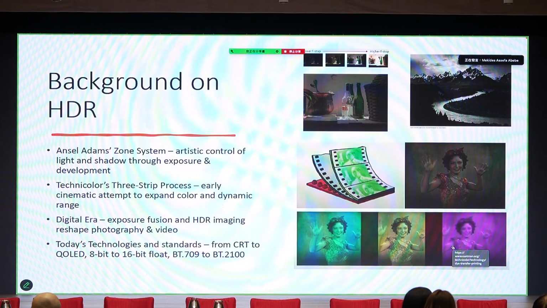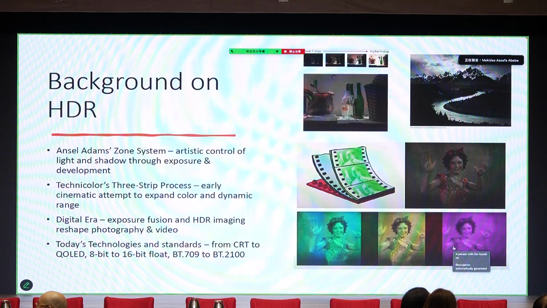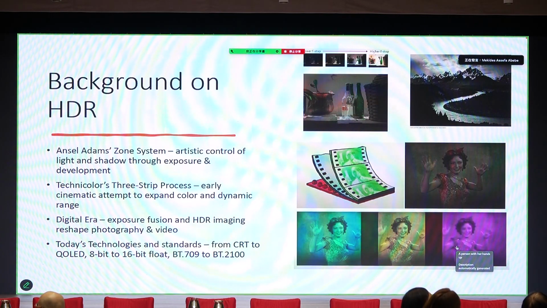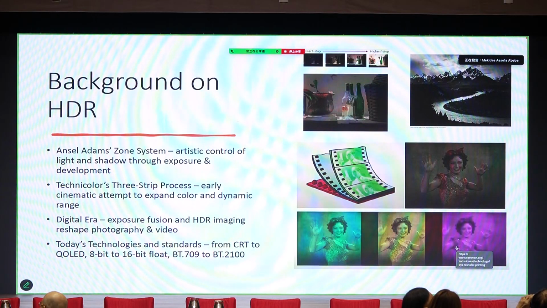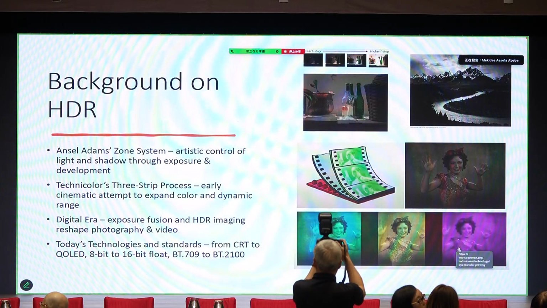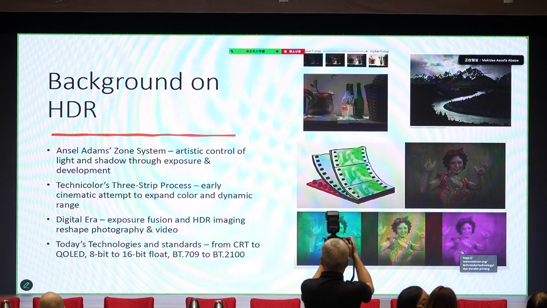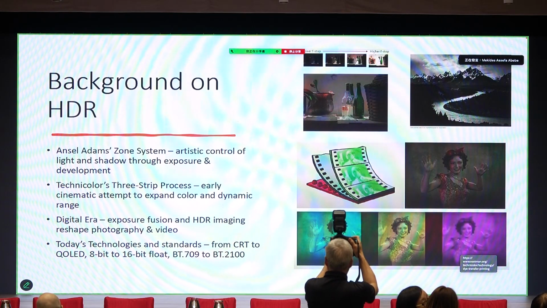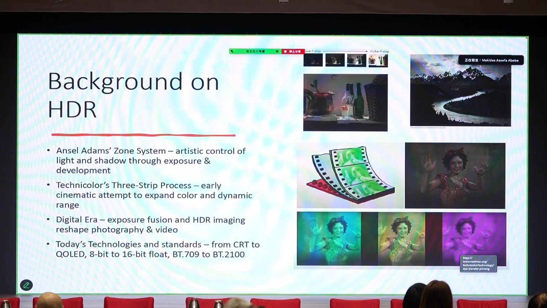So just to mention briefly what the HDR framework will contain: a brief history, which has already been done, a survey starting from the Ansel Adams zone system, which is similar to today's tone mapping process, you could say. And then the Technicolor 3-strip process to create a 3-channel image on different exposures on different film with a beam splitter, which also helped increase the gamut as well as the dynamic range.